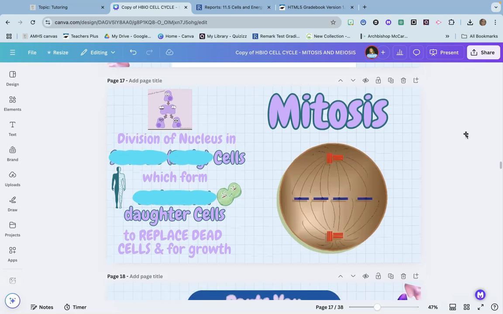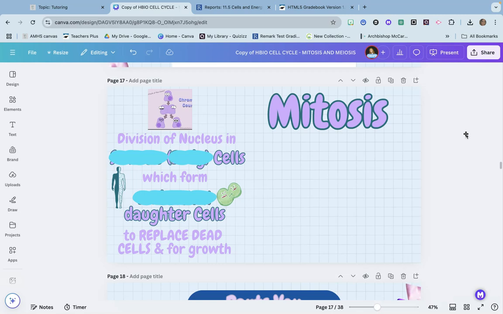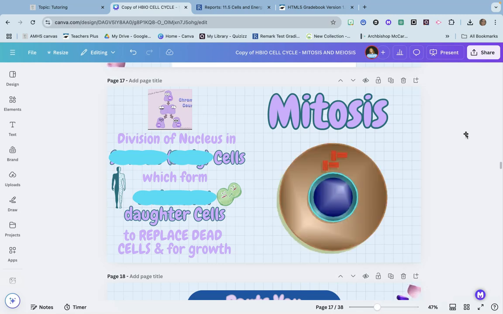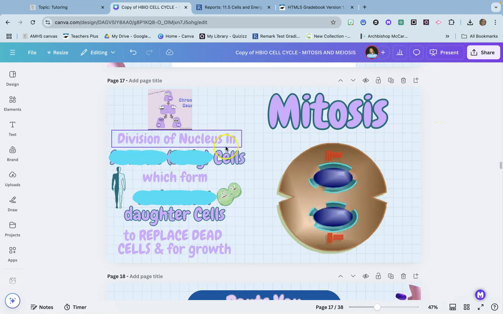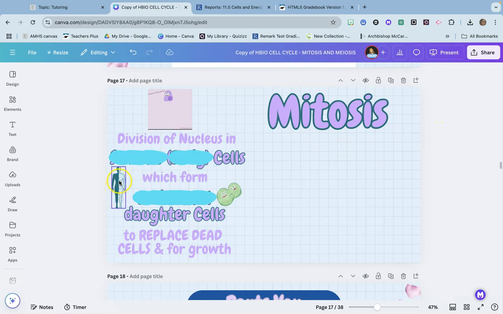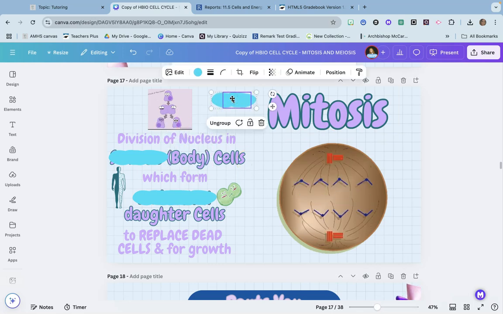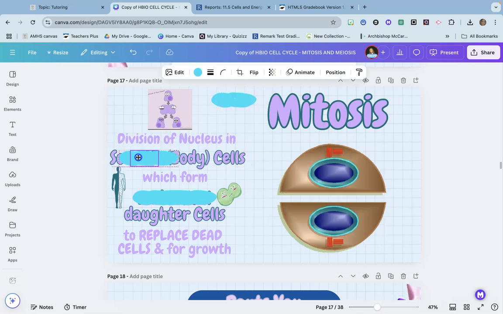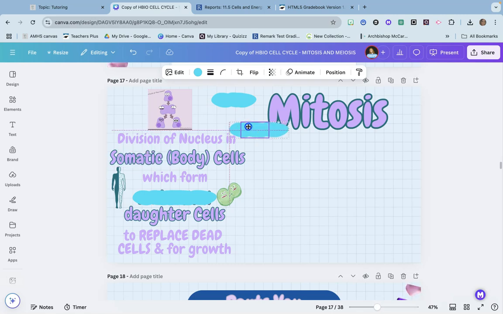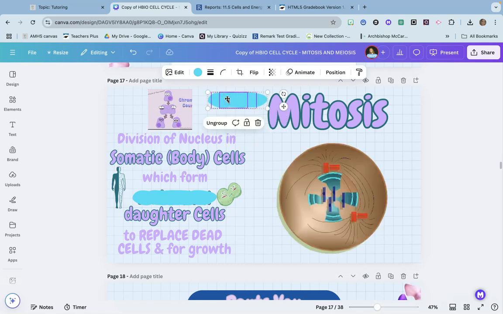So as a review, mitosis happens in what kind of cells? Which cells? Look right here to remind you. Body. Does anybody remember what body cells are called? Starts with an S. Somatic was a good start.